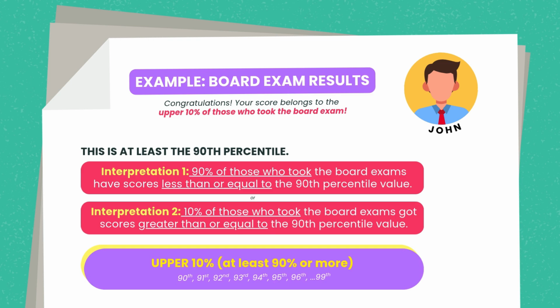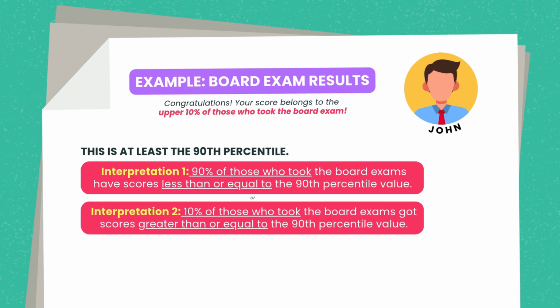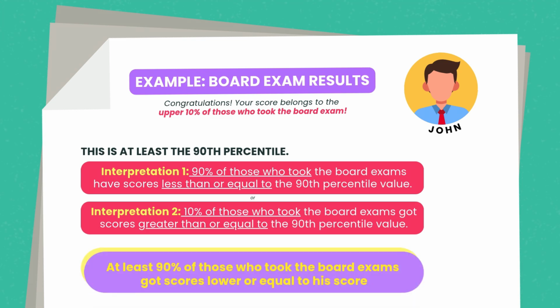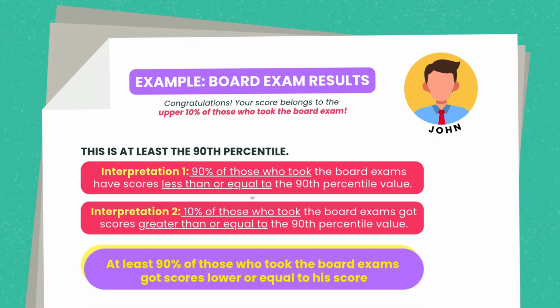Now, since John's score belongs to the upper 10% of those who took the board exam, will he be happy? Yes. Why? At least 90% of those who took the board exams got scores lower or equal to John's score. And that is still impressive.